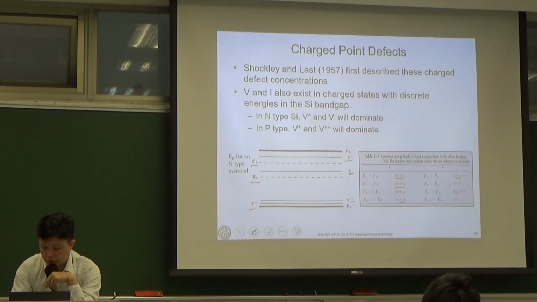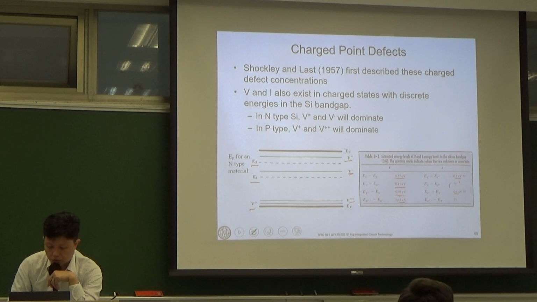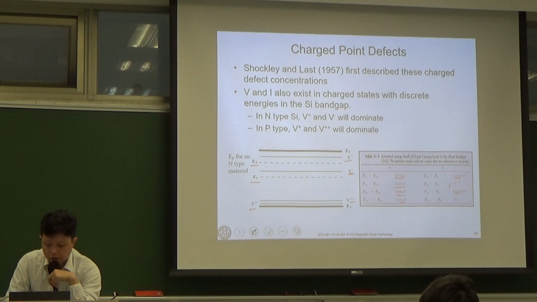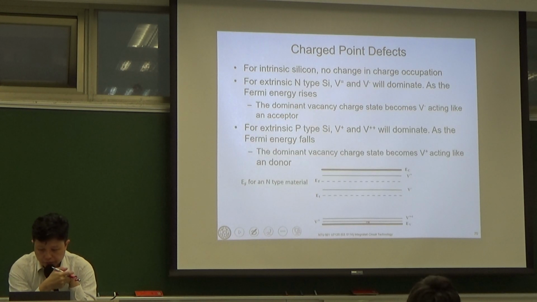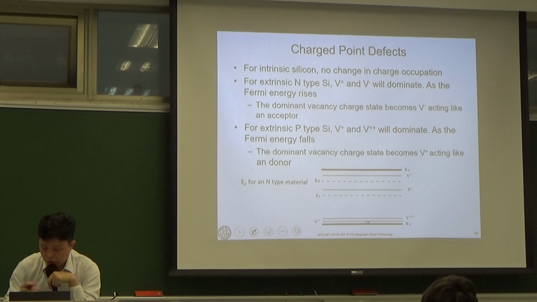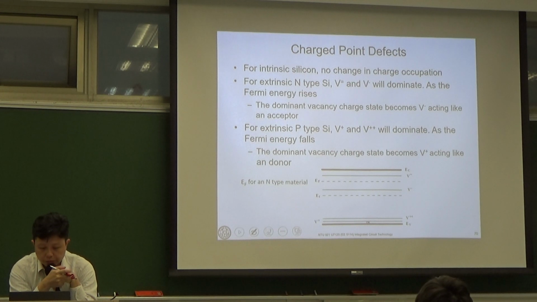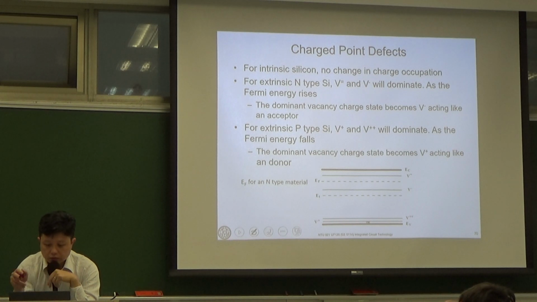These numbers are from the papers, but you can check if there are more updated papers that describe this. So we try to calculate these defect numbers. We need to find out the probability that you can find an electron in these states.